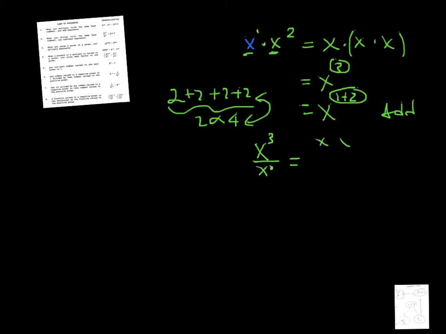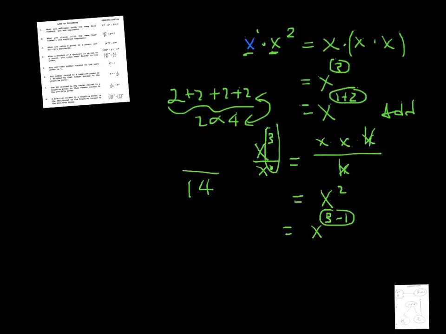So x times x times x on top, and then we have x1, and this becomes x squared, because this cancels. And what do you know? X squared is really 3 minus 1. So divide, subtract. This is a little far-stretched, but we do subtract here. So division, subtraction.